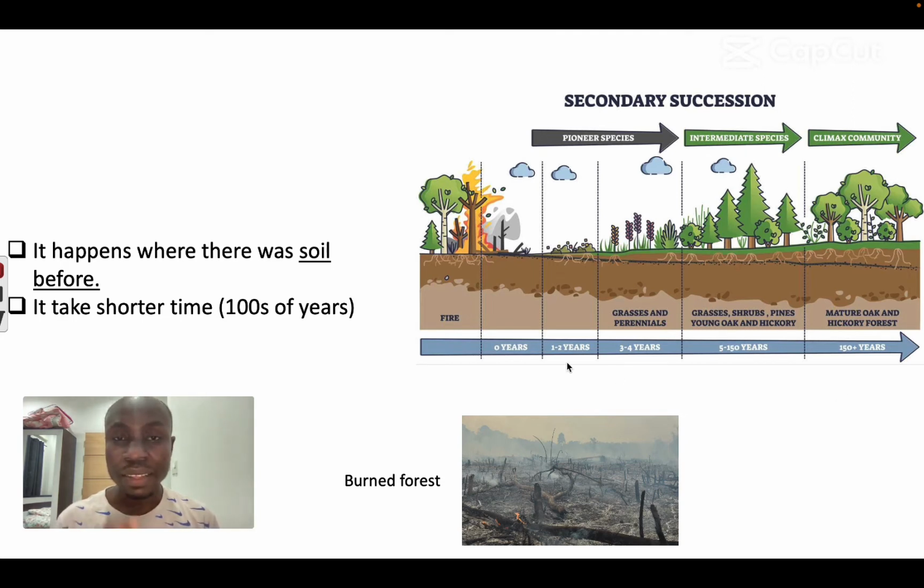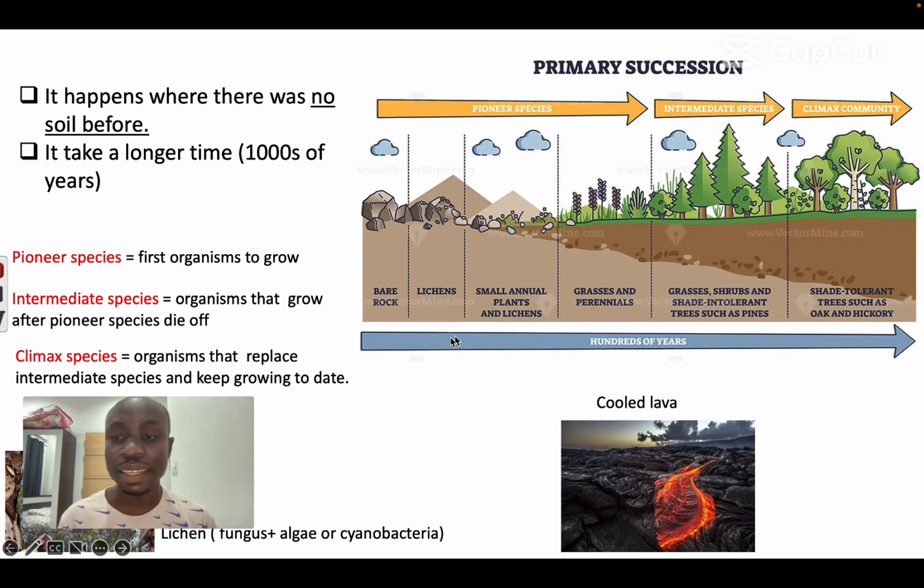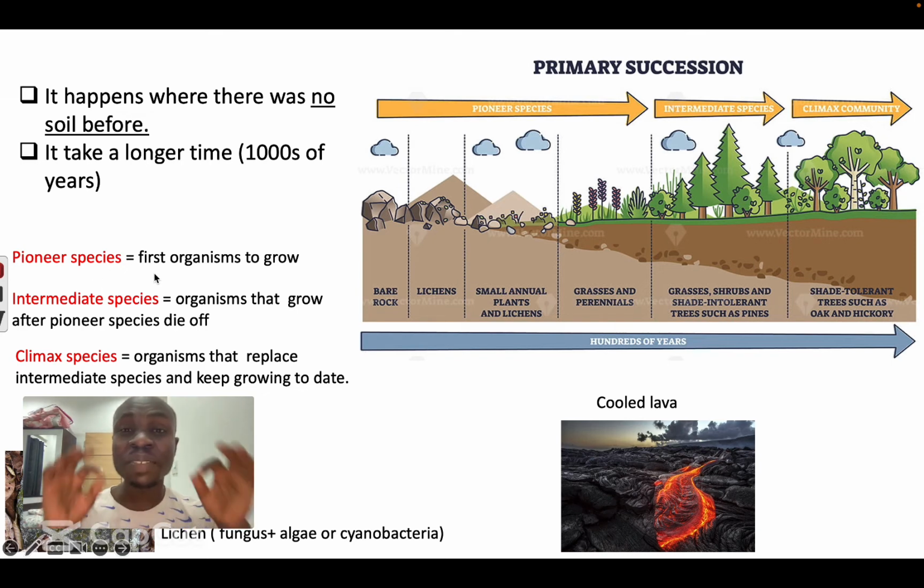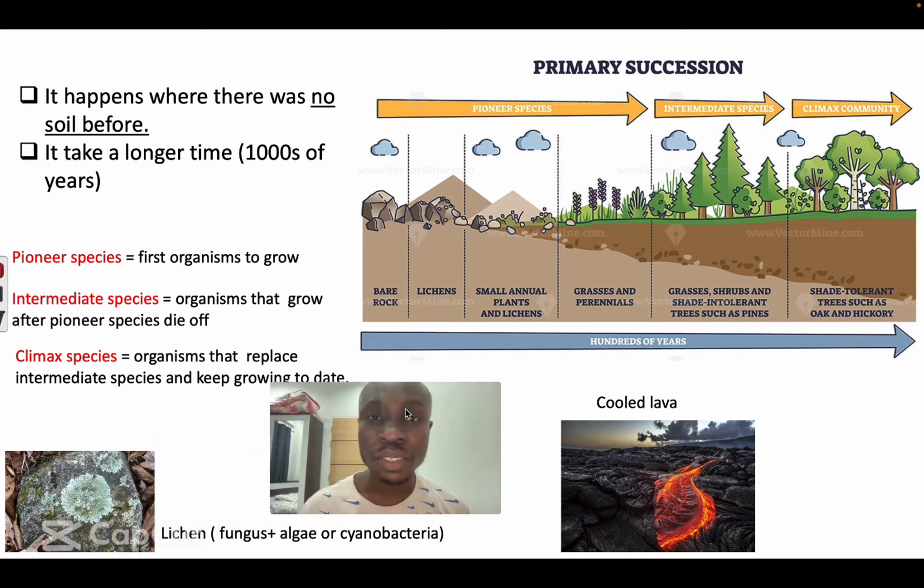Now, there are three important vocabularies I want you to understand when we talk about primary and secondary succession. The first one is pioneer species. What is that? These are the first organisms to grow, like the lichen, sometimes moss or bryophytes.